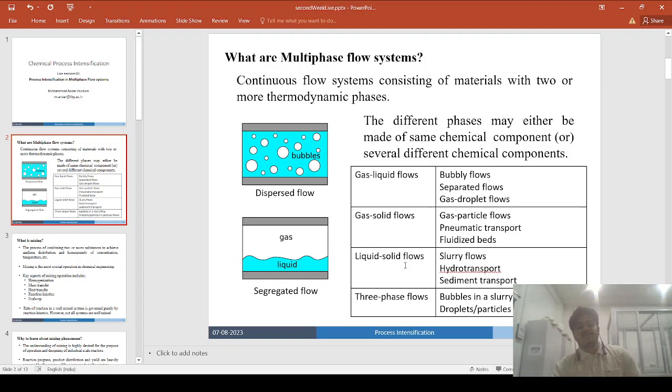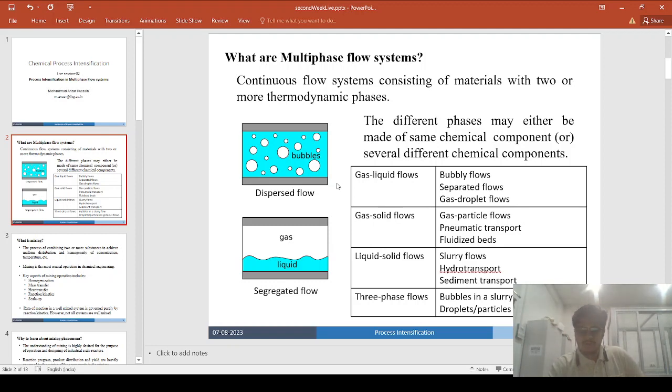Now these liquid-liquid flow systems and gas-liquid flow systems can be further categorized into two different two-phase flow systems, that is the dispersed flow system and the segregated flow system. Here the diagram shows the clear difference between them. In a dispersed flow system, a lot of bubbles will be involved, so you cannot clearly distinguish a big interface.